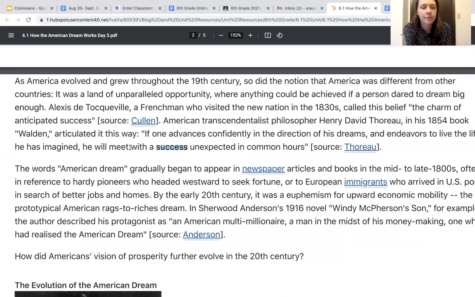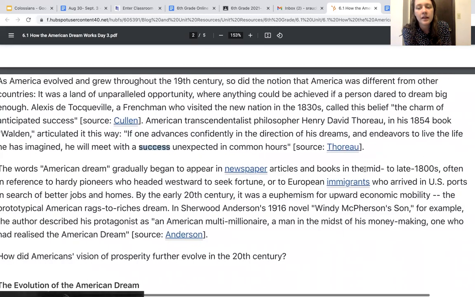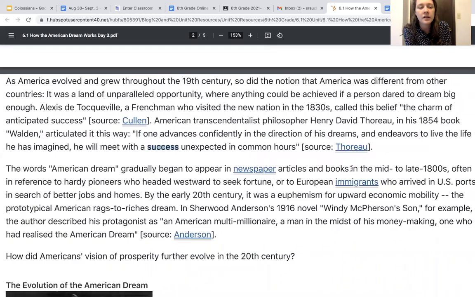Last paragraph. The words American dream gradually began to appear in newspaper articles and books from the mid to late 1800s, often in reference to the hardy pioneers who headed westward, think Laura Ingalls Wilder, to seek fortune, or the European immigrants who arrived in US ports in search of better jobs and homes.